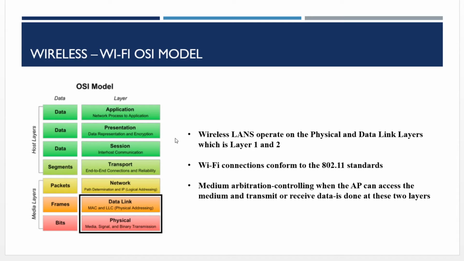The MAC sublayer controls how a computer on the network gains access to the data and permissions to transmit it. The LLC layer controls the frame synchronization, flow control, and error checking. This is the Wi-Fi OSI model.